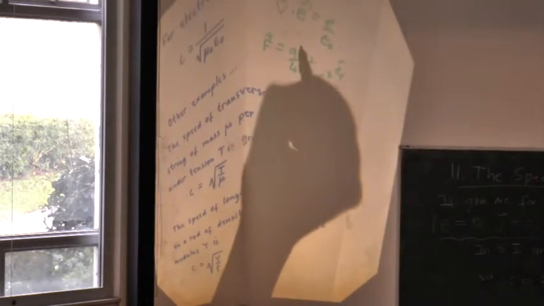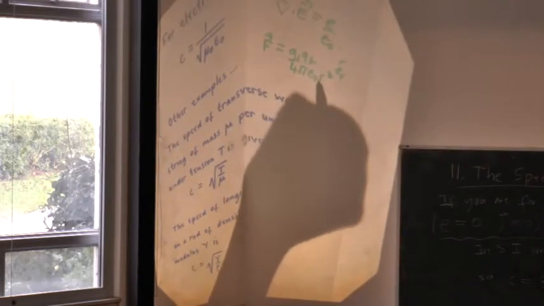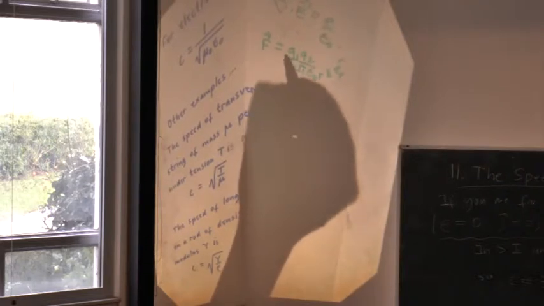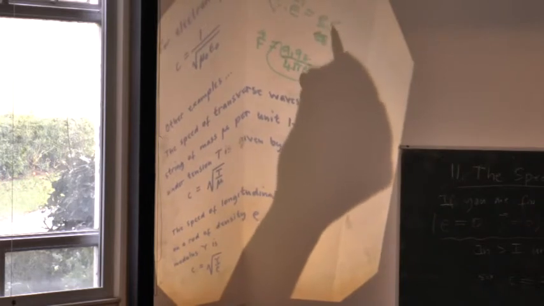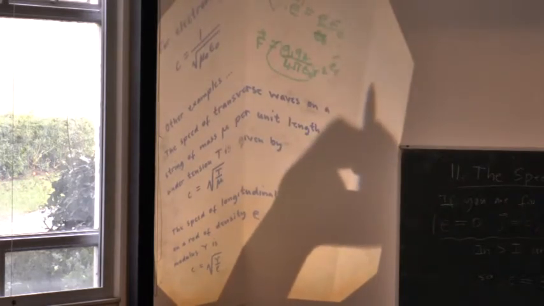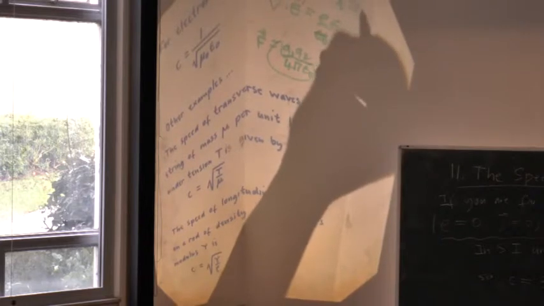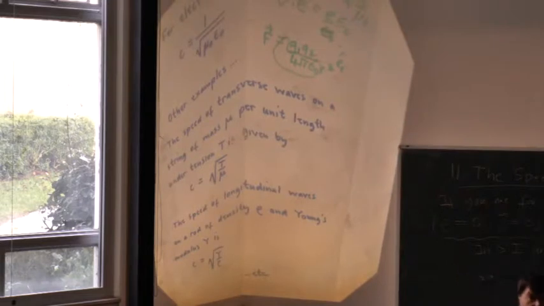Every book in physics has been written this way. Like in Newton's law, if we replace these with masses, it's G m1 m2 over r squared. But in electricity, the original people gave the constant in this 1 over 4 pi epsilon naught form. If it had been defined the more natural way, with the epsilon naught in the numerator, the speed of light would have come out as epsilon naught over mu naught, and it would have looked much more like all of the mechanical waves.